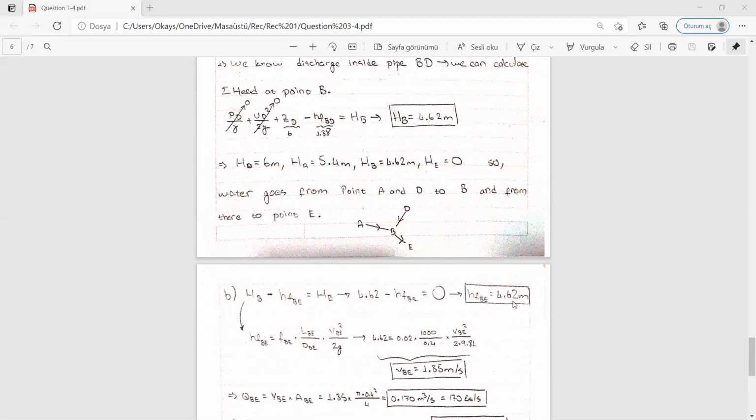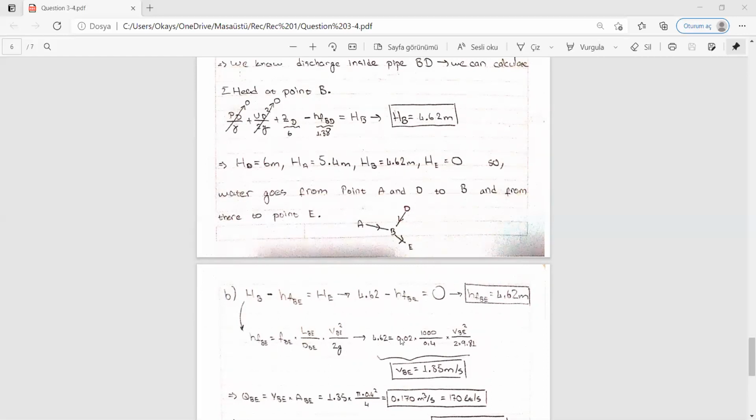So when you know this major head loss, you can directly calculate the velocity. And by using the velocity, you can calculate the discharge, which we were looking for. Let's write the major head loss equation, which is f L V squared divided by D times 2g.